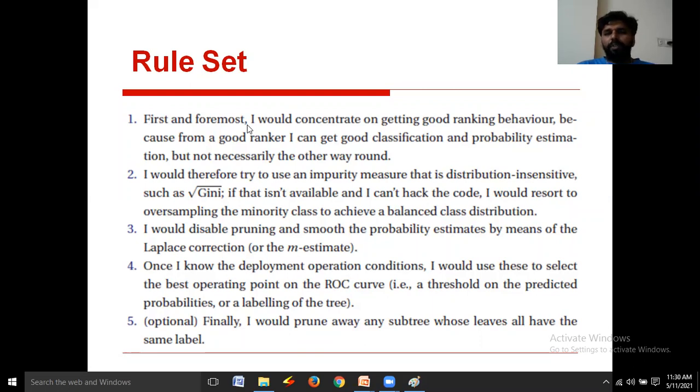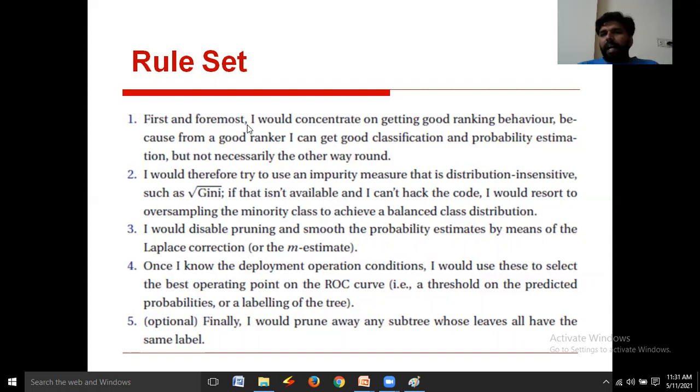Coming to the first rule. The first rule is we need to give correct ranking to segments or leaf nodes which are in the tree. Based on the ranking, we construct a good classifier.